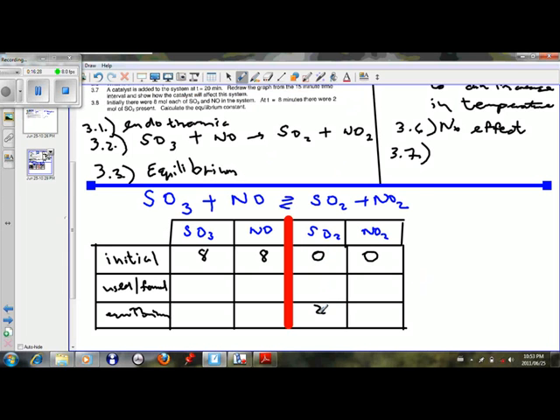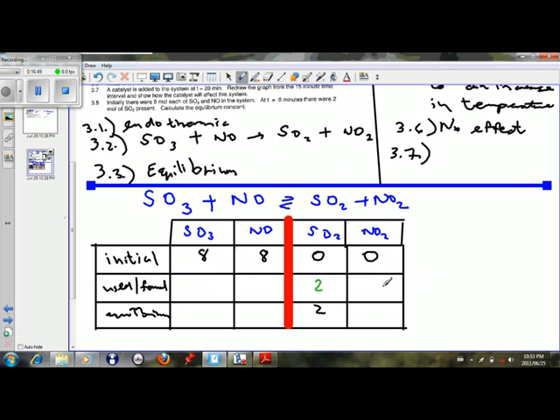At the end, there were 2 moles, and this red line will tell us that this side is how much reacted, and this side is how much is formed. So if there was no SO2 at the beginning, and 2 moles of SO2 at the end, we can say that 2 moles of SO2 were formed in this reaction.